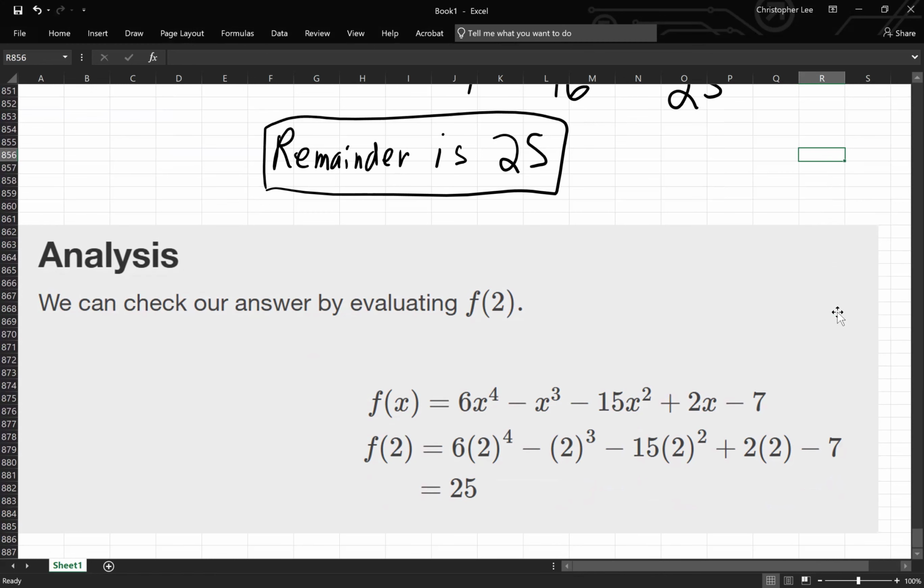Our remainder is the same thing as when we take our divisor, plug it into the original function, and get the answer out. Fun little tidbit.